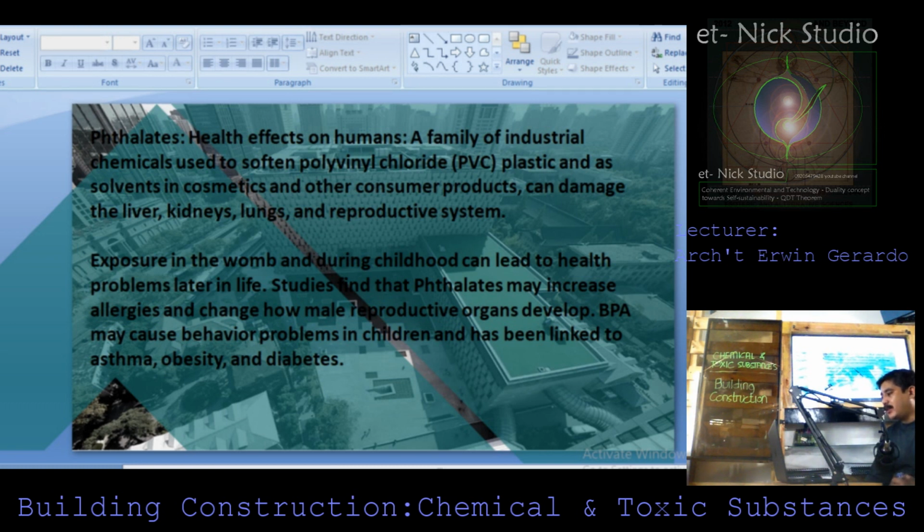Exposure in the womb and during childhood can lead to health problems later in life. Studies find that phthalates may increase allergies and change how male reproductive organs develop. BPA may cause behavioral problems in children and has been linked to asthma, obesity, and diabetes.